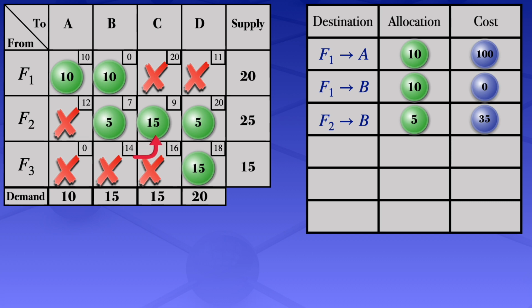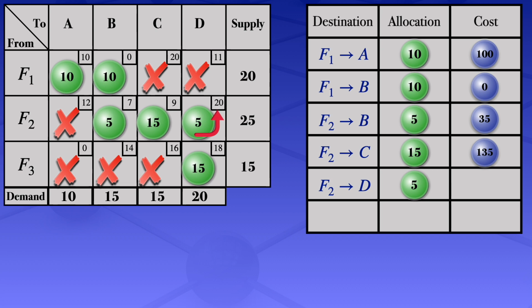On this part here, we are saying from F2 to destination C, we are allocating 15 units, 15 units at a unit cost of 9. The cost there will be 15 times 9, which will give us 135. And on this part here, we are saying from F2 to D, we are allocating 5 units, 5 units at a unit cost of 20.